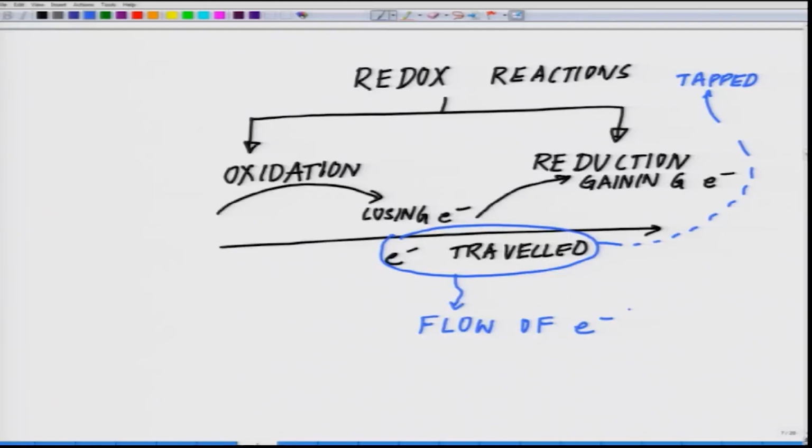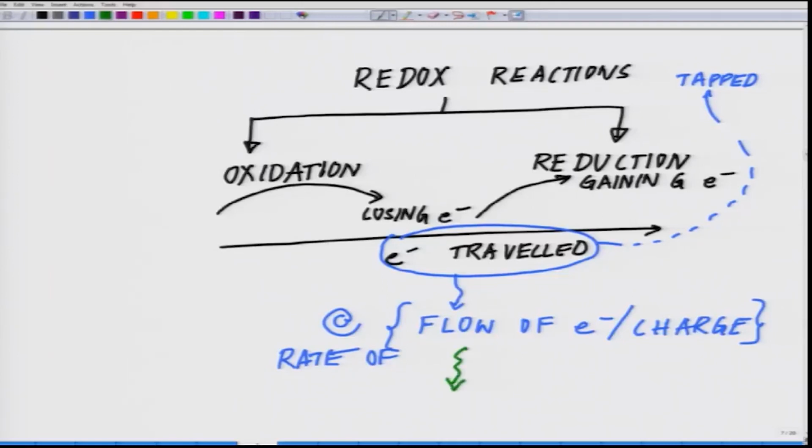If we introduce a term to this flow of electron or flow of charge, whatever you call it, the rate of flow of electron is what we talked about as your current.